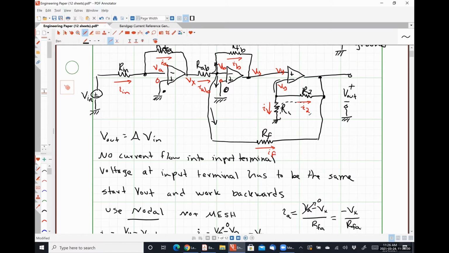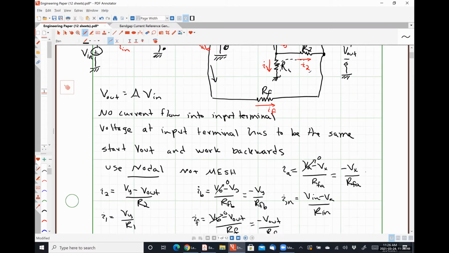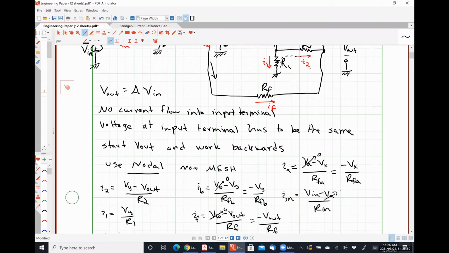Okay? And so the last equation we need right here is for IN. And so we can write IN equals VN minus VA all over RN. And again, VA is 0, and so we get IN equals VN over RN.